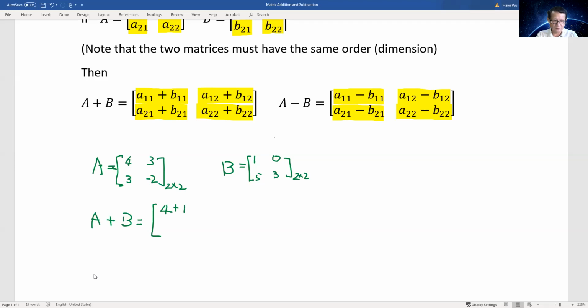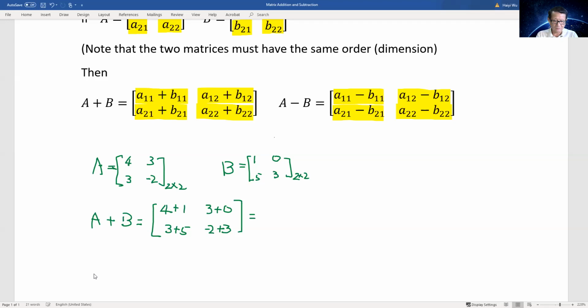First row, second column, we have 3, which is A12, plus the corresponding element, 0. And then you add 3, from the first matrix, to the corresponding 5. Then the last one is -2 plus the corresponding 3.